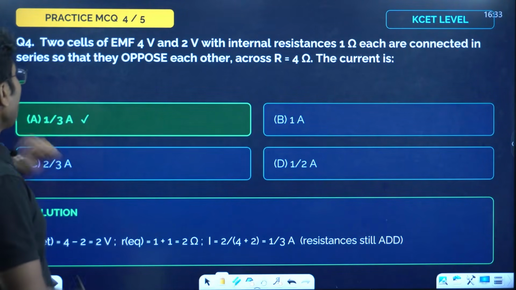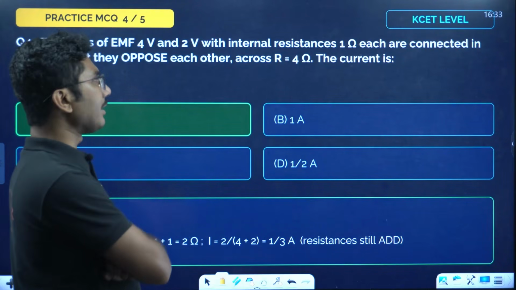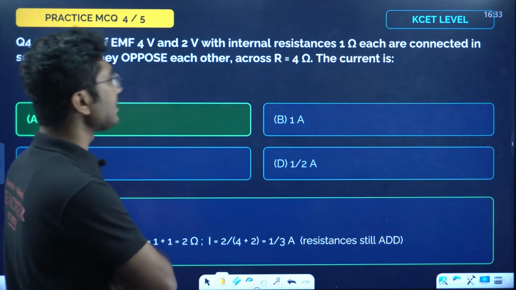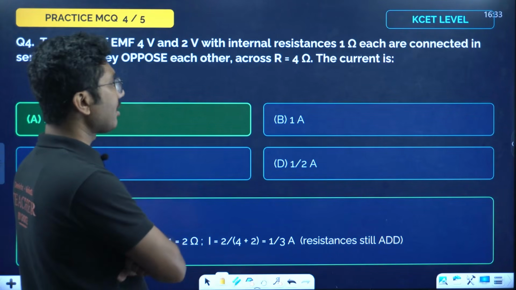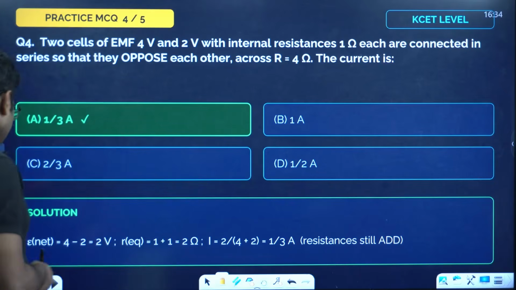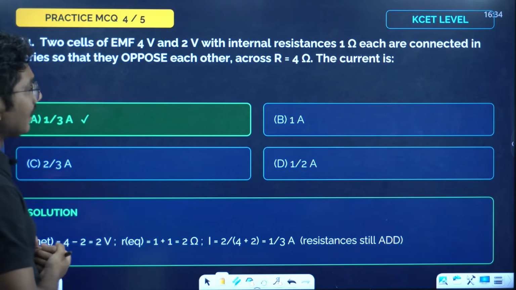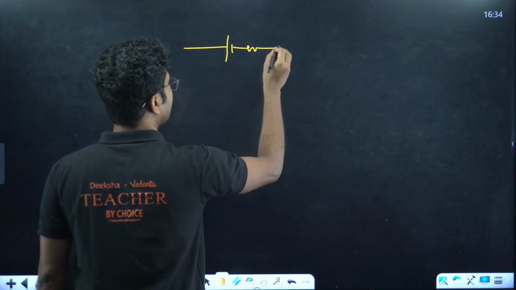Question number 4. 2 cells of EMF 4 volt and 2 volt with internal resistances 1 ohm each are connected in series so that they oppose each other across 4 ohm. The current is. So first of all, they are connected in series. Suppose one of them is 4 volt, another one is 2 volt.